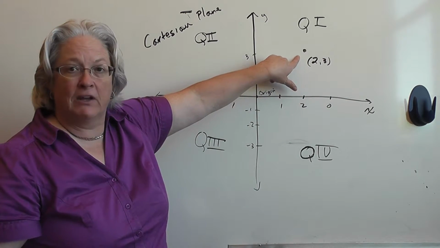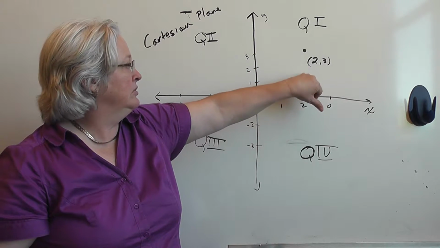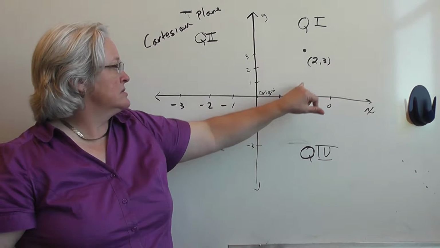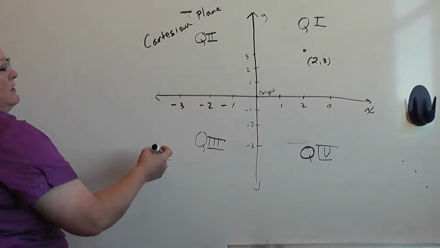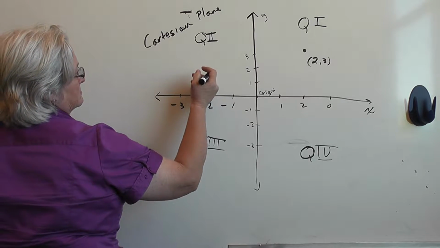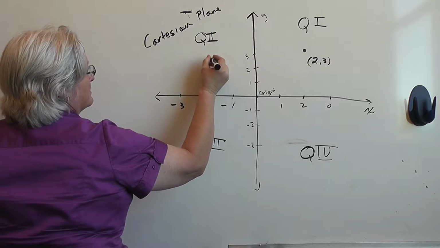But anyway, this point is identified by the ordered pair 2, 3, which means the x value is positive 2, and the y value is positive 3.